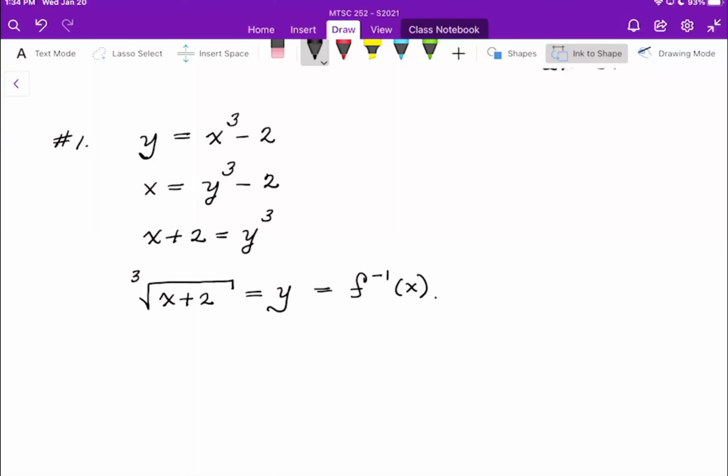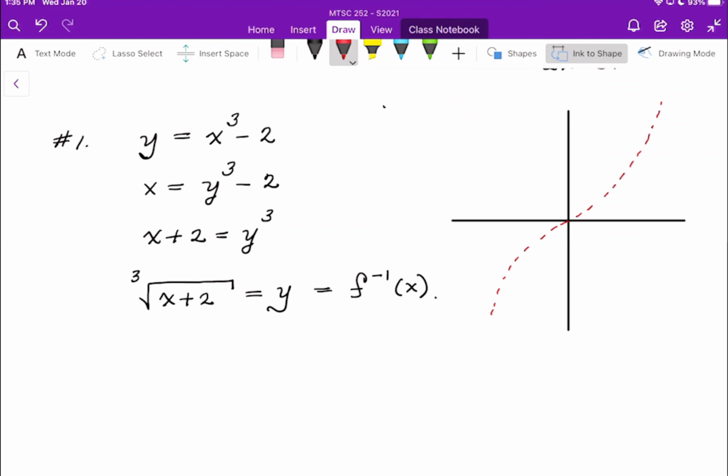One of the things you can do, we didn't do this because we can't always graph the thing. But for this one, if we were to go back and graph it, our original function is y is equal to x cubed. So if I were to graph that, that would look like this.